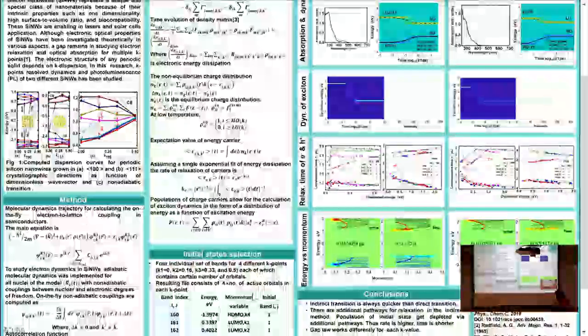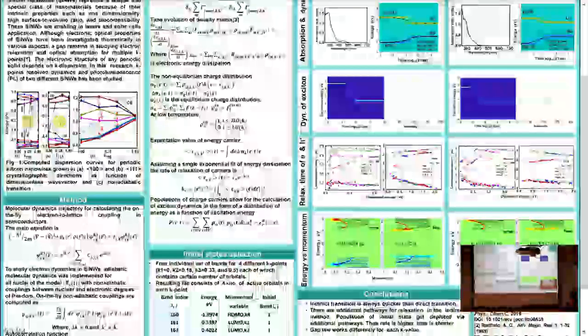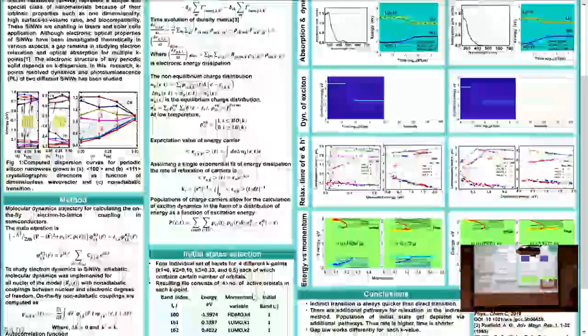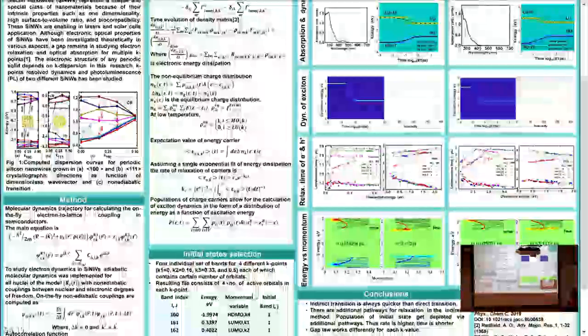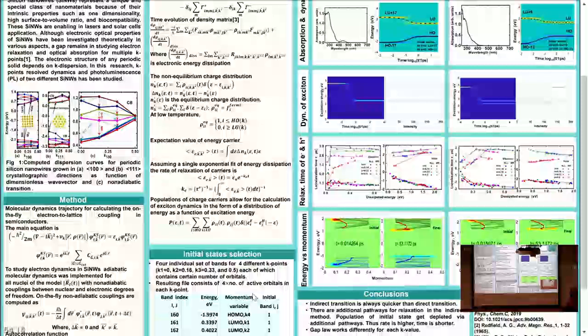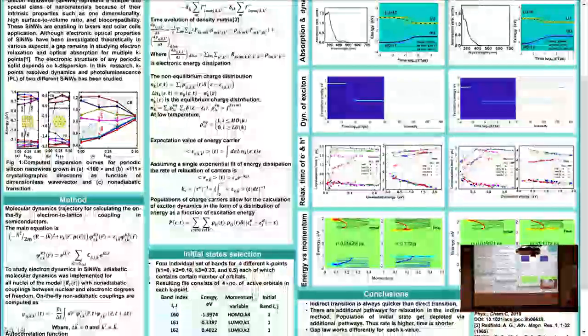As you can see here, the band structure of these two silicon nanowires. So if a light pulse is applied to the silicon nanowire model, an electron can travel from the valence band to the conduction band. And on the right panel, we can see how photoexcited electrons come back to the valence band. So there are two pathways.